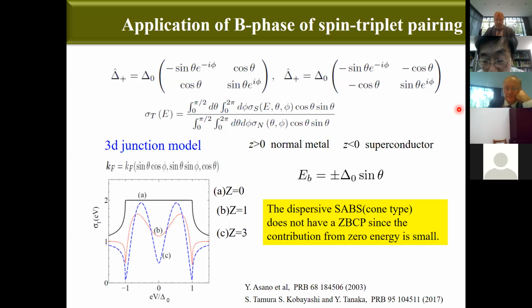On the other hand, in the triplet case, it is influenced, and maybe it's relevant to your comment. Whether a line node or point node is stable has been discussed for a long time, before Ueda and Sigrist's review article. Okay, thank you very much.